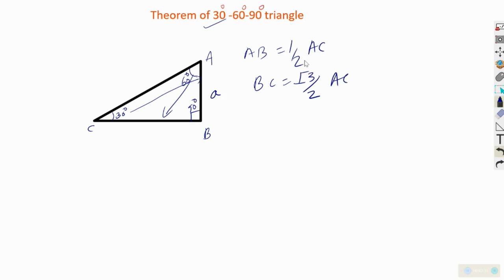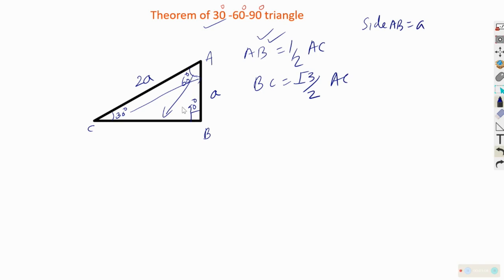Opposite of 30 degree is half of AC. Correct? That means AC is equal to twice of AB. I just wrote that the side AB is equal to A. Then side AB is half of AC, that means AC is twice of AB. So this will become 2A. Correct? If you write in terms of A, this will become 2A.